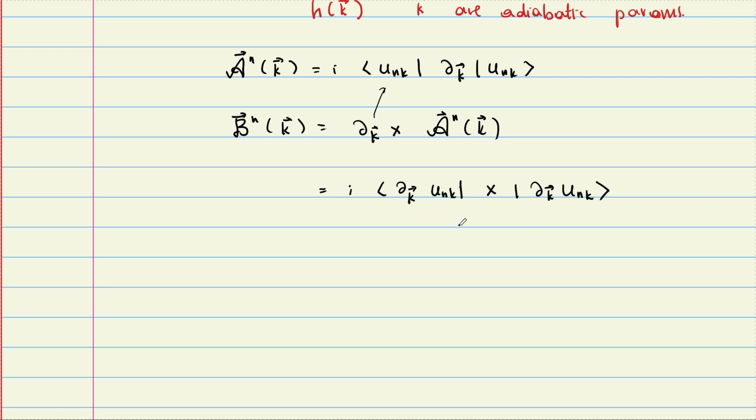And if we are in 2D, we can also unpack the content of this thing, and we are going to find, okay, this is in the 2D Brillouin zone. This is i, del, let me write del_x for del_kx, and same for ky.